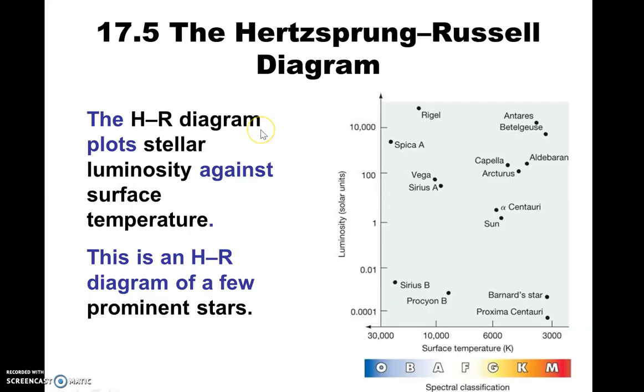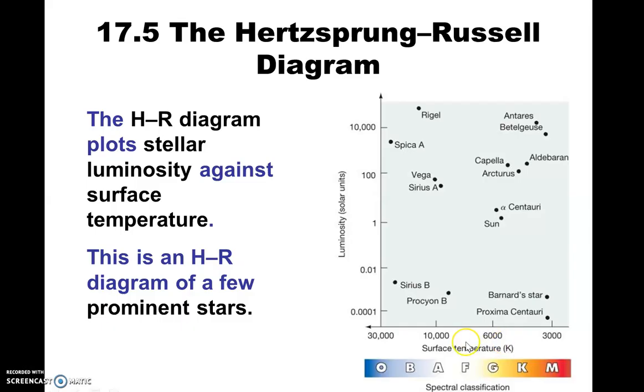All right, and we are on the HR diagram. This was the diagram Hertzsprung and Russell, two astronomers, came up with, and here's what it is. The idea is you plot the luminosity on the vertical axis and the temperature on the horizontal axis.